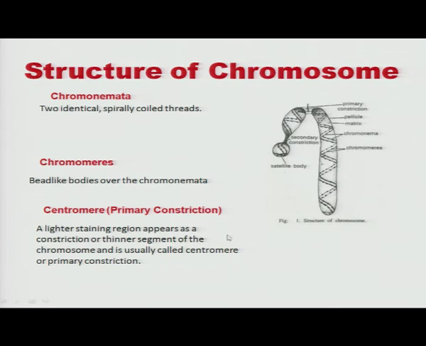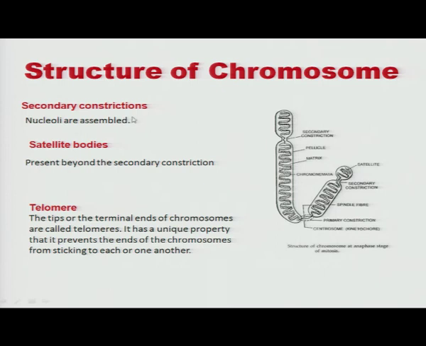Next to this, the region in the chromosome which is less condensed is called centromere or primary constriction. At the primary constriction or centromere, both the arms of the chromosome are attached. Next is secondary constriction. Secondary constrictions are those regions of the chromosome where the nucleolus gets assembled.